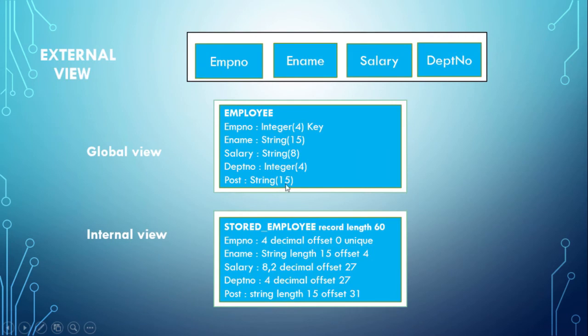In the external level, we have an employee record with the fields employee name, number, salary, department number, and in the global view, we can store the column names with their data types, like employee number of type integer 4, ename of type string 15, and in the internal level it basically stores how much data it can store with their data types, like employee number 4 decimal offset 0 unique.